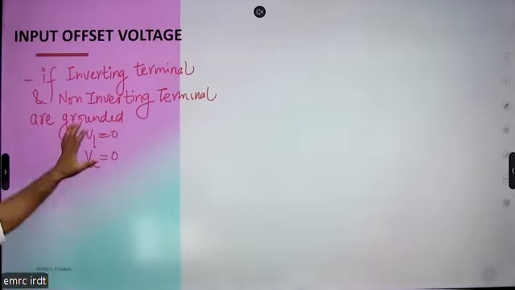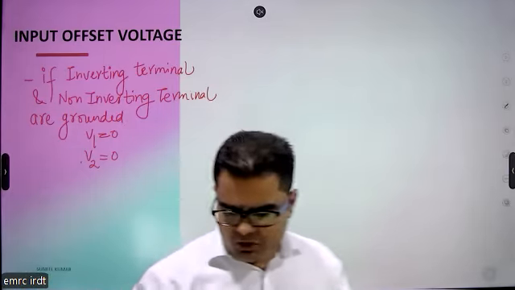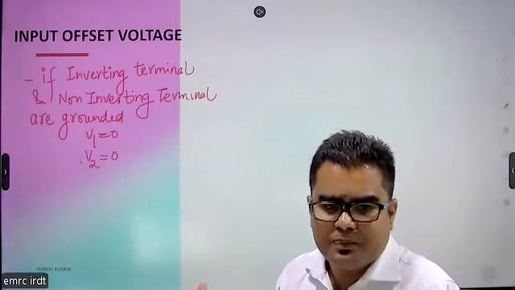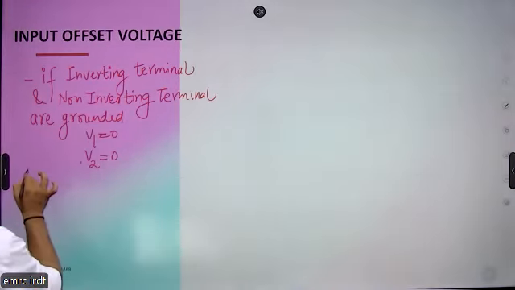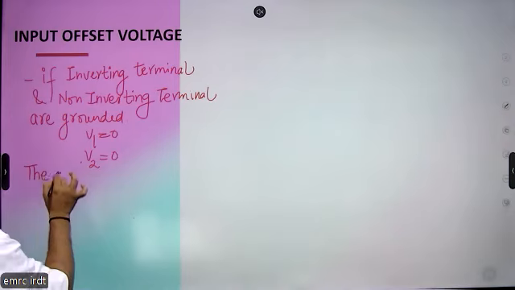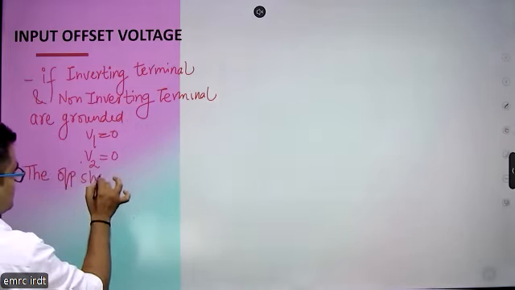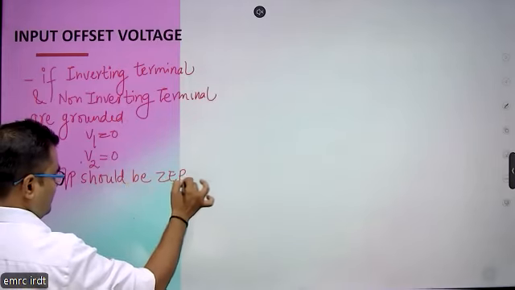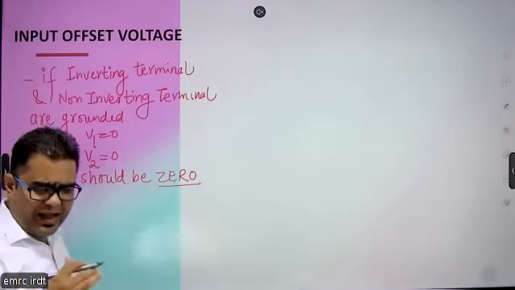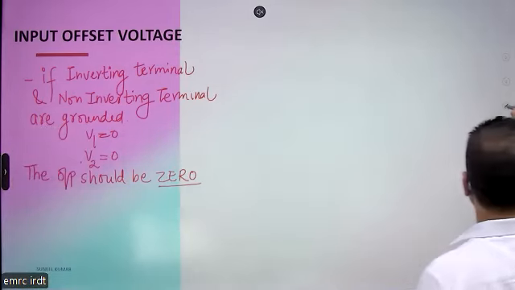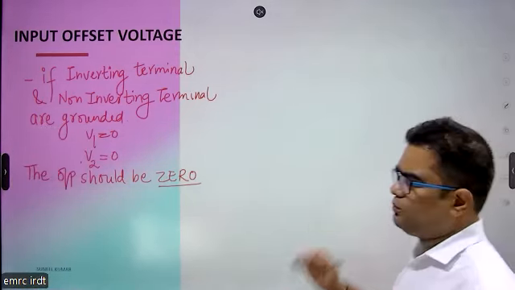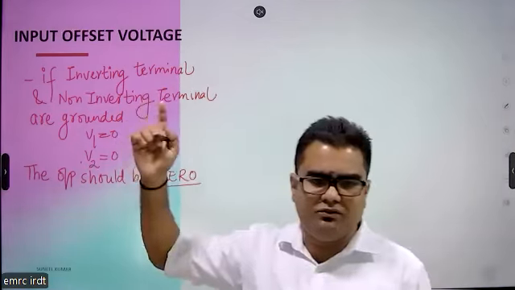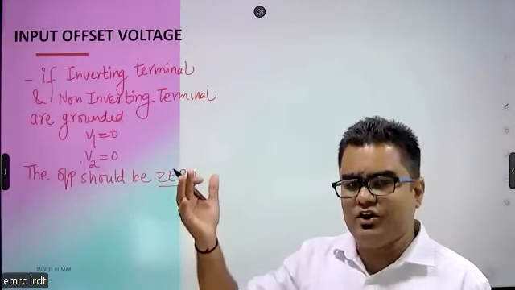So what will happen in this situation? If V1 is 0 and V2 is 0, the output must be 0. But it is not happening practically. Practically, we will get some kind of output. Since we are grounding both terminals, V1 and V2, still we are getting some output.